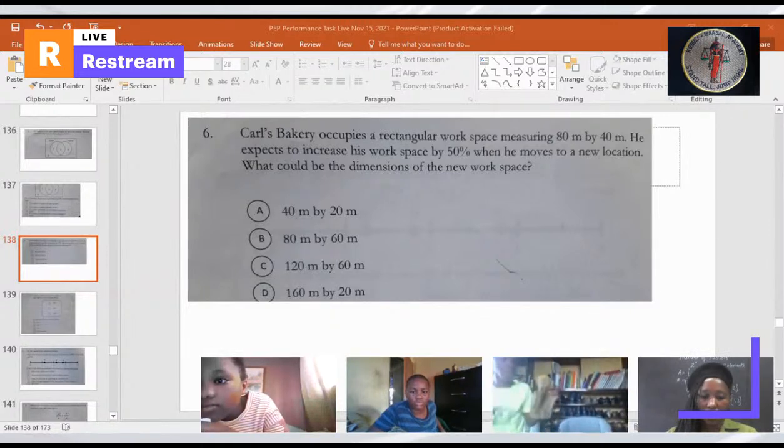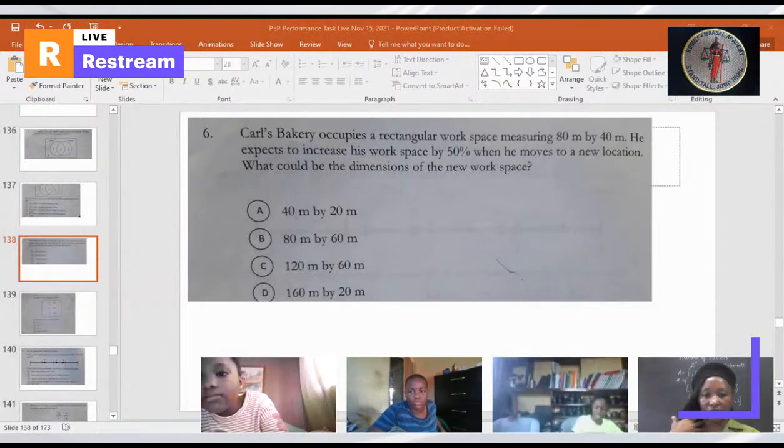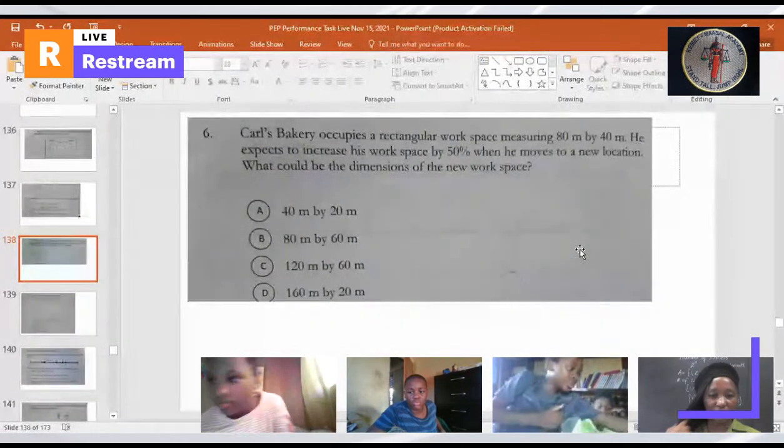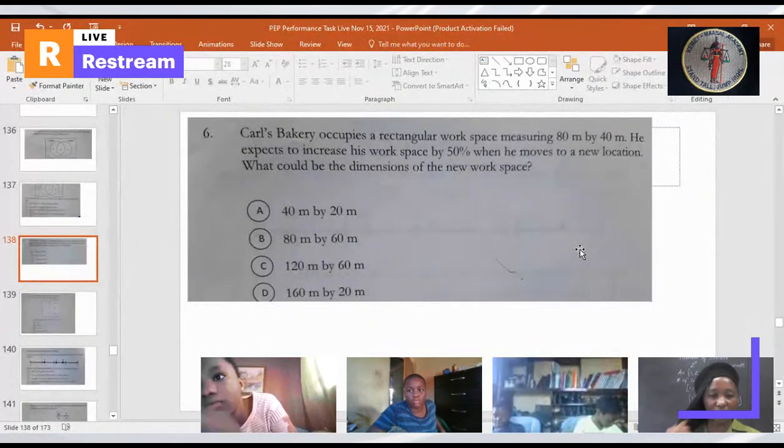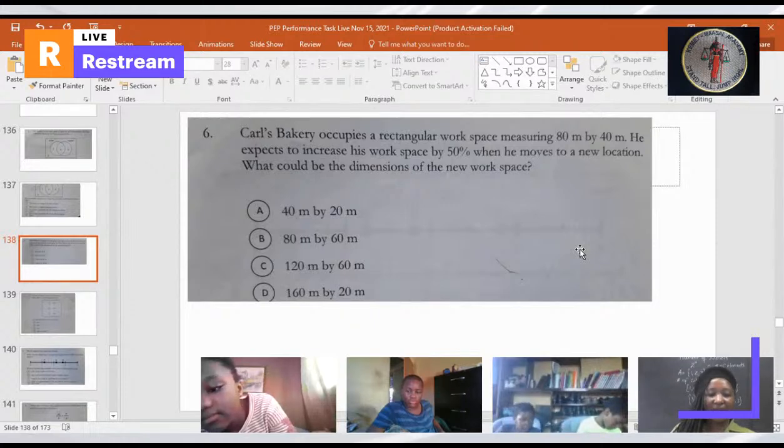All right, so Alisa is saying 50% of 80 is 40, and she adds that to the 80 and gets 120. Then she's saying half of 40 is 20, and when she adds that to the 40, she gets 60.